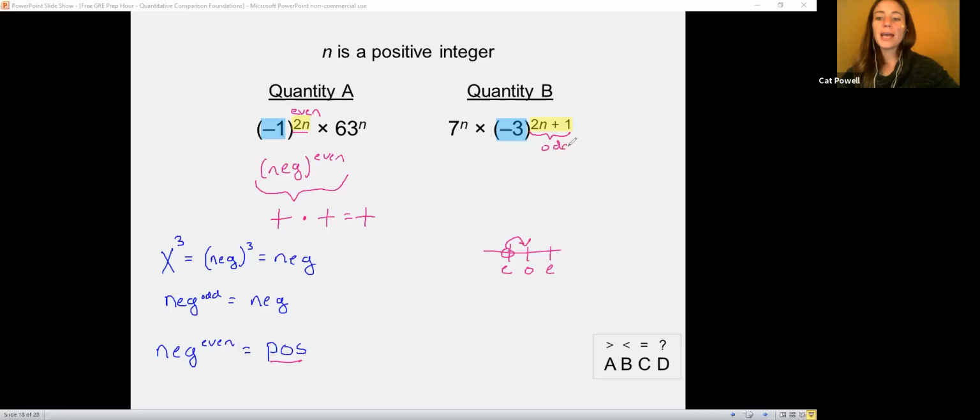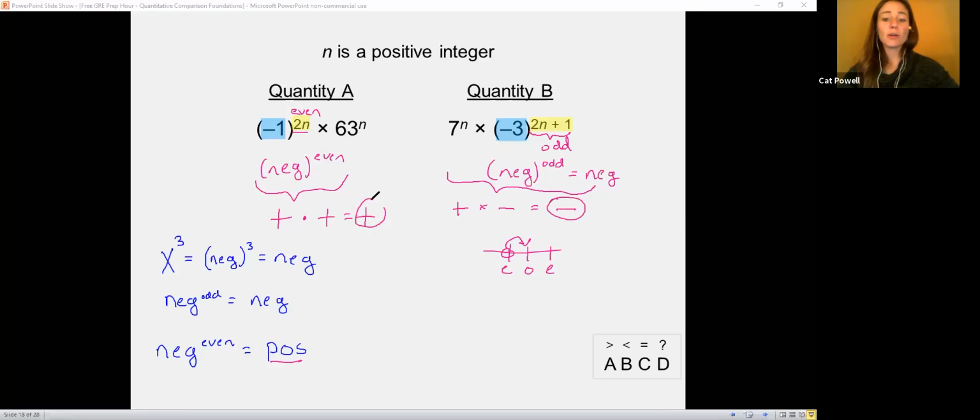And I know that a negative number to an odd exponent is going to be what? Yeah, it's going to be negative. So in quantity B, I have 7 to the n, which is positive, times a negative. And that's going to give me a negative.